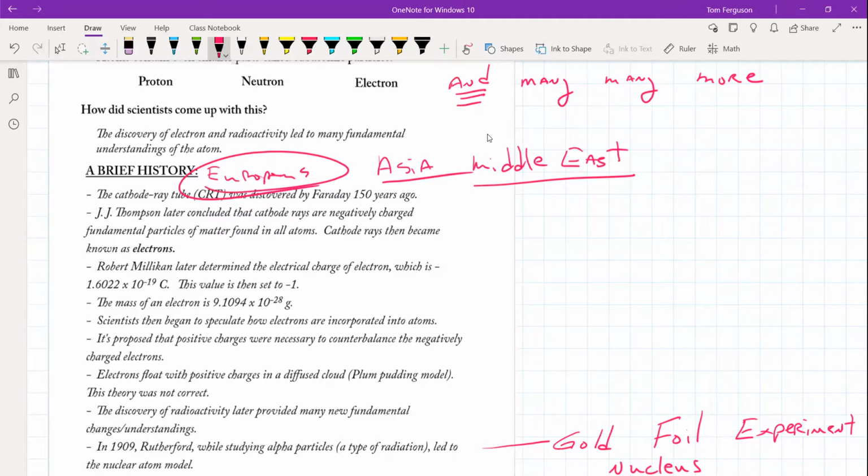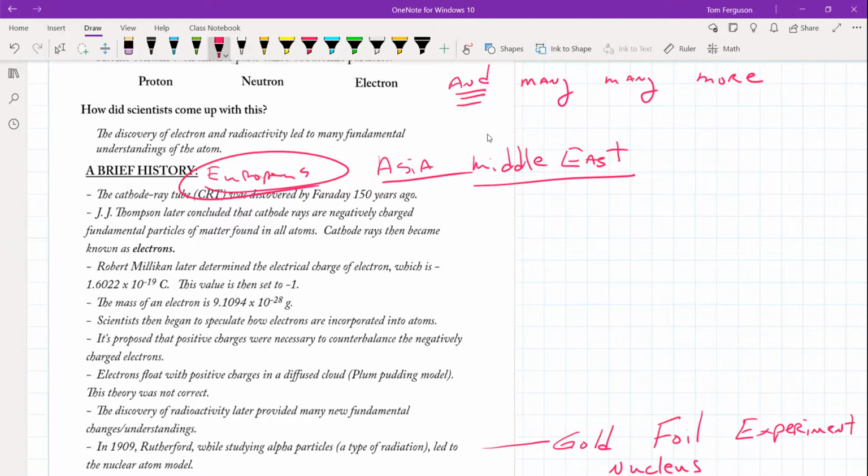Middle Eastern science was going full bore around 1000 AD. And very few people give credit to Asia and the Middle East for that early atomic physics. In fact, there's a famous chemist from the Middle East that's called the godfather of chemistry.